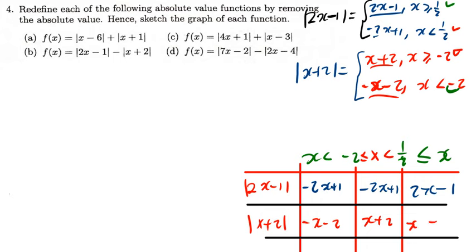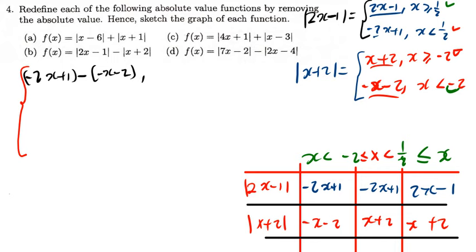I'll use it there. When I do that now, since there is a minus, I need to subtract, not add. So I'm going to say this minus that. So I'll say negative 2x plus 1, in brackets, minus negative x minus 2, like that.